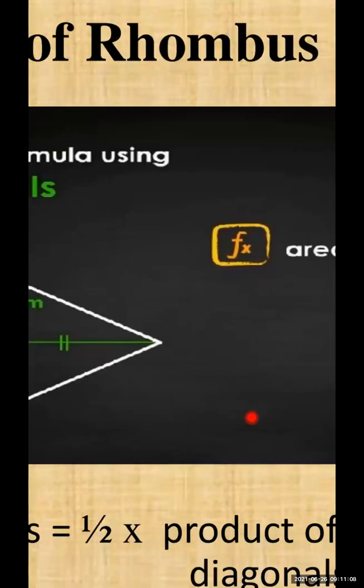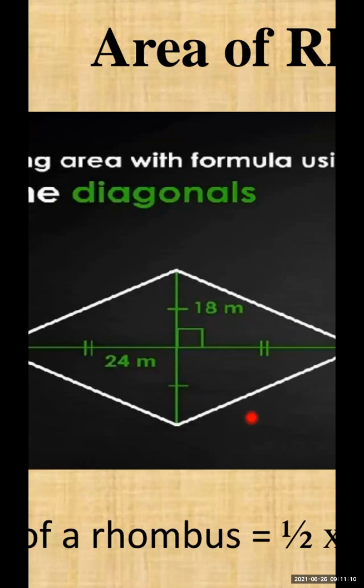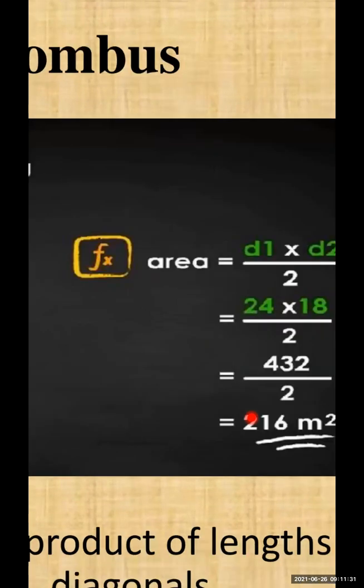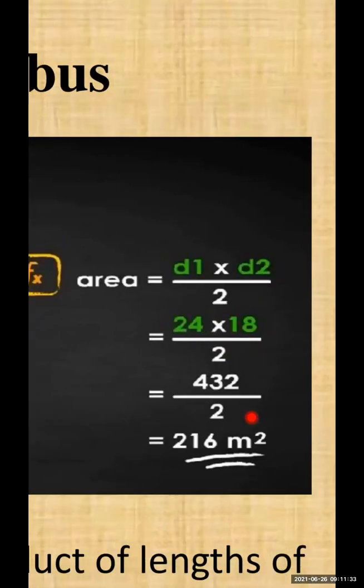See here in the diagram, you can see that one diagonal value is given as 24 meter, and another diagonal value is given as 18 meter. The unit is very important. The unit of this is in meters. So whenever you are finding the area, it will come in square meter or meter square. ठीक है, so यहाँ पे हम देखेंगे, we will solve: diagonal 1, 24, multiplied by diagonal 2, 18, divided by 2.